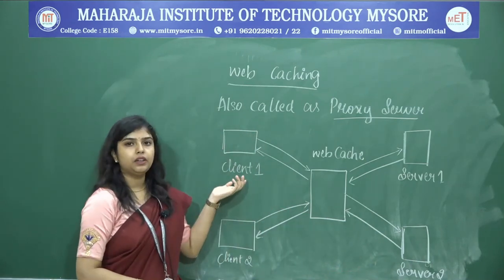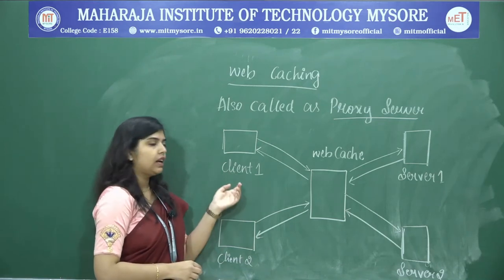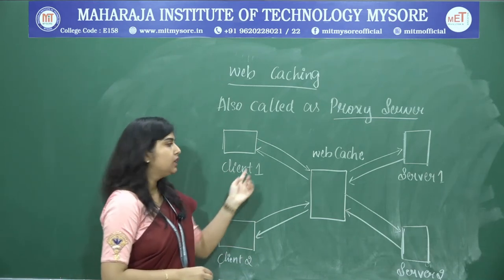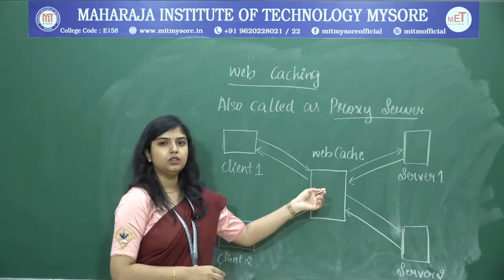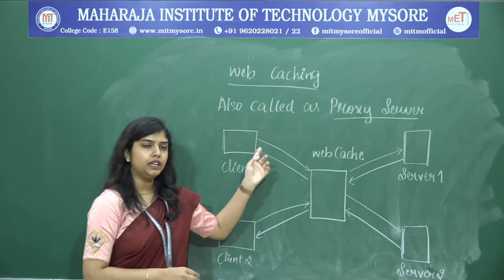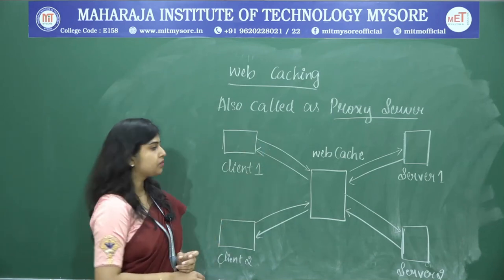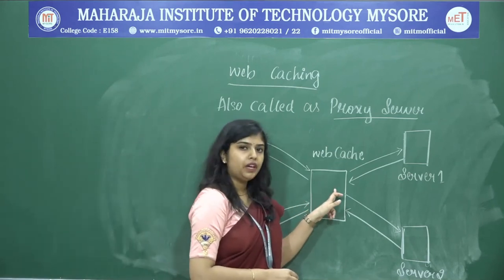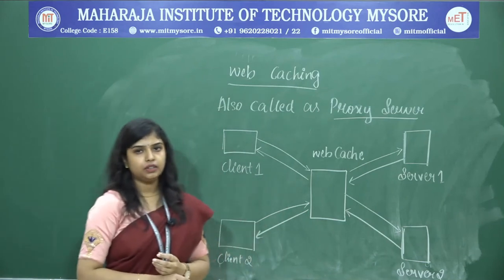Now the client wants to request an object. First, the client has to establish a TCP connection with the web cache, and then the web cache has to respond with an acknowledgement saying that the connection is established successfully to the client. And then even the web cache also has to establish a TCP connection with the server.